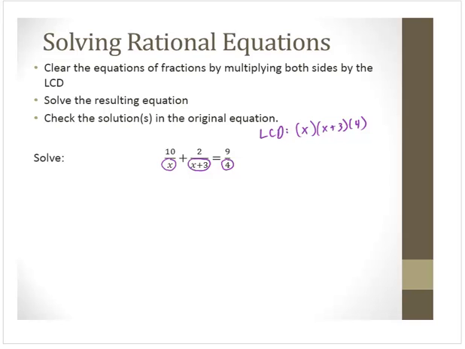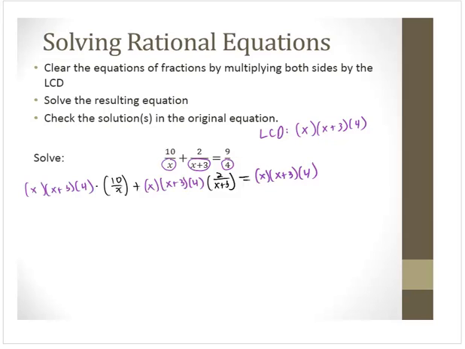So if I multiply through both sides of the equation by that least common denominator, I would have x times (x plus 3) times 4 times 10 over x, plus x times (x plus 3) times 4 times 2 over x plus 3, equals x times (x plus 3) times 4 times 9 over 4.